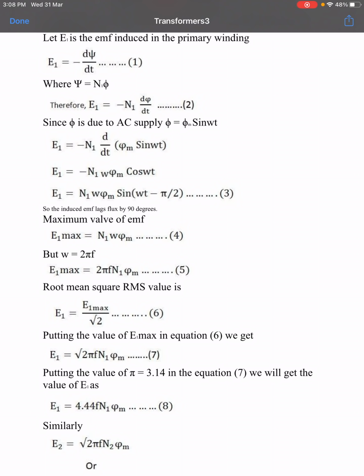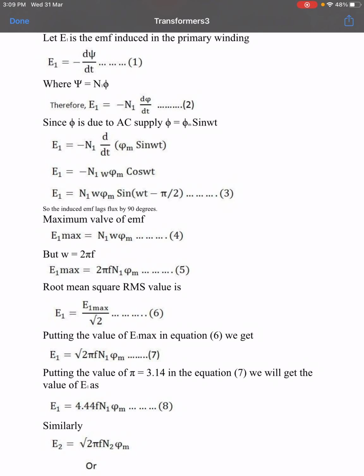Similarly we have the secondary side. On the secondary side, E2 equals minus d psi by dt, where psi equals N2 into phi. So E2 equals minus N2 d phi by dt.